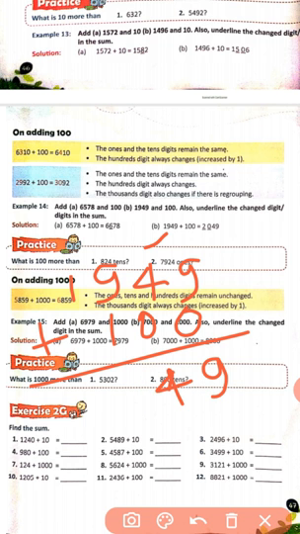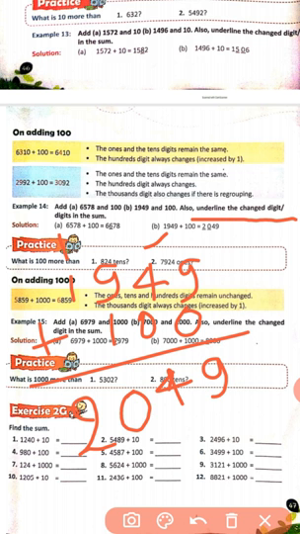Now 9 hundreds plus 1 hundred is equal to 10 hundreds. Write 0 under the hundreds column, and carry 1 thousand over. 1000 plus 1000 is equal to 2000.